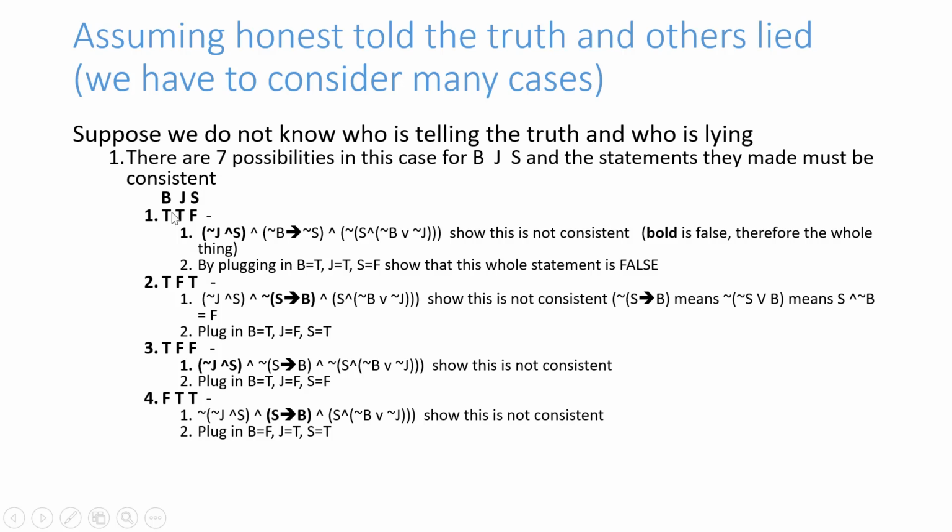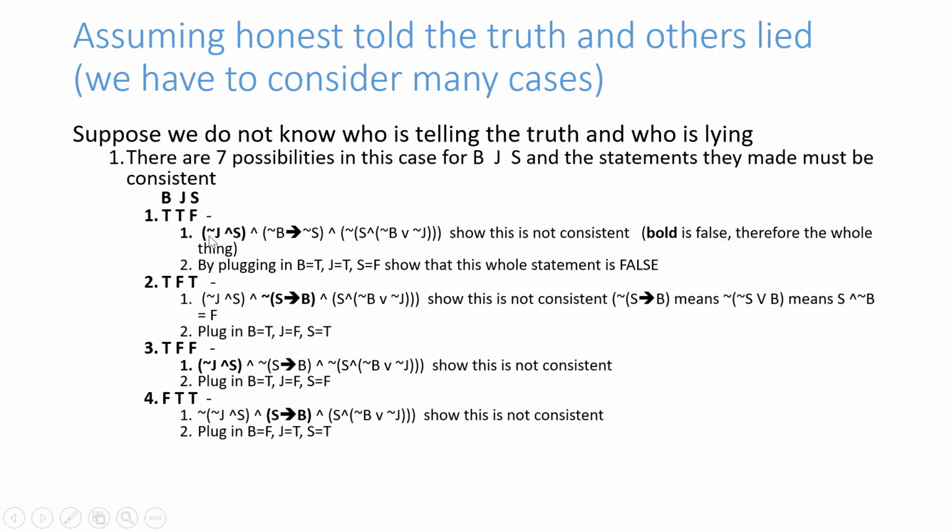Suppose B is telling the truth, J is telling the truth, and S is lying. So B is saying not J and S, and J is saying not B implies not S. Because S is lying, S's statement is S and (not B or not J), and we take the negation of that.